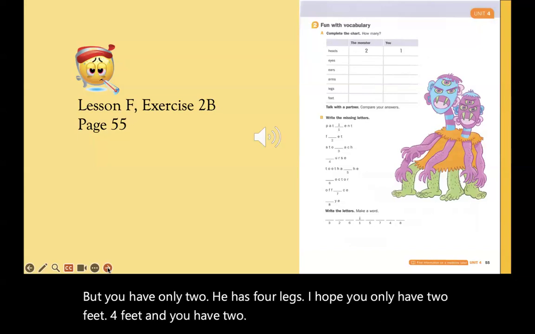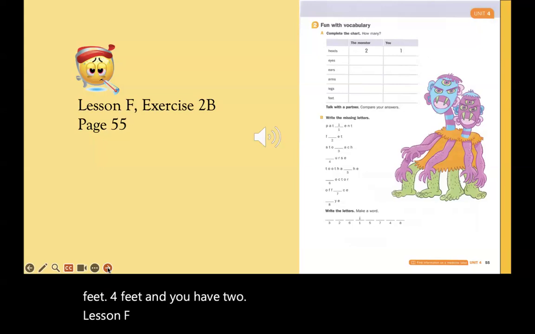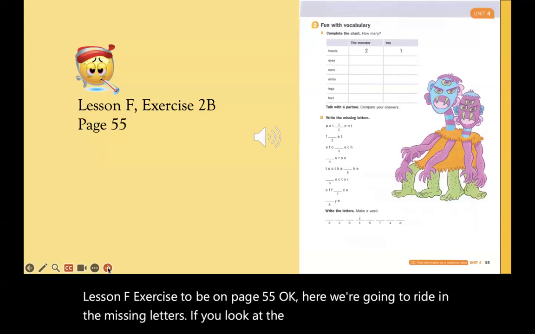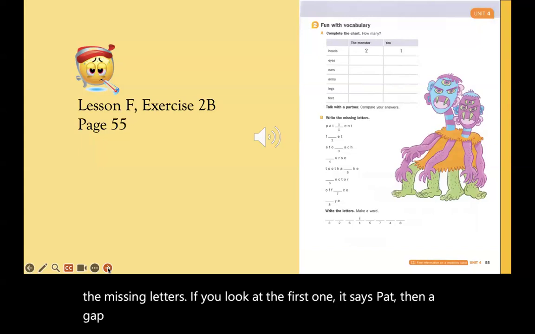Lesson F, exercise 2B on page 55. Okay, here we're going to write in the missing letters. If you look at the first one, it says P-A-T, then a gap, E-N-T. Fill in the gap. It's missing an I to spell patient.